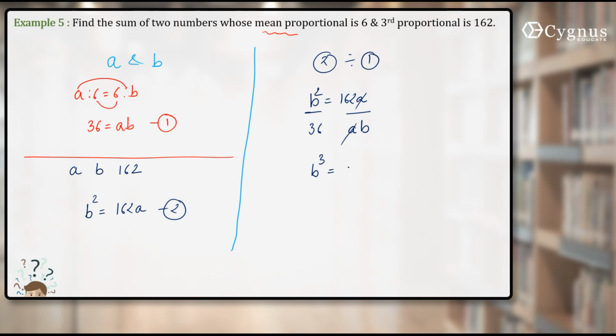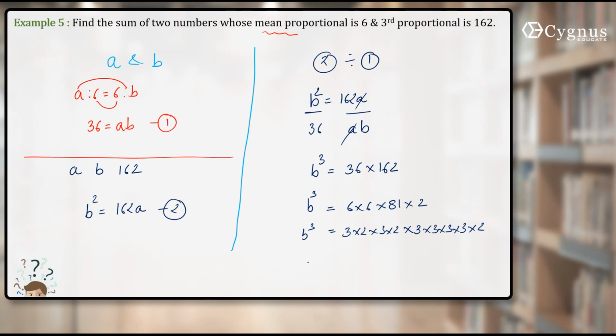B cube is equal to 36 into 162. How do we factorize it? If you don't remember the cubes here, it's 36 into 162. 36 can be written as 6 into 6. 162 can be written as 81 into 2. Yes or no? And 6 means 3 into 2 into 3 into 2. 81 can be written as 3 into 3 into 3 into 3 into 2.